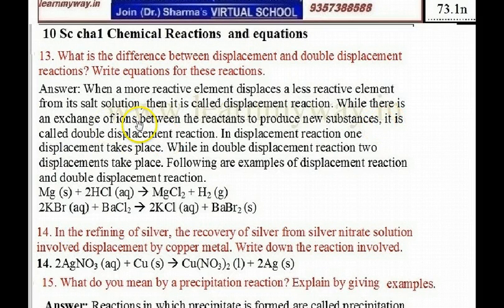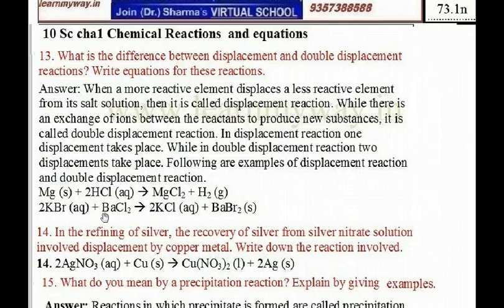While when there is an exchange of ions between the reactants to produce new substances, then we call it a double displacement reaction. As you are aware, these compounds are formed of two ions. For example, in potassium bromide, we have potassium K1 positive ion and bromide, Br1 negative ion. Similarly, barium has Ba2 positive and Cl1 negative ions.